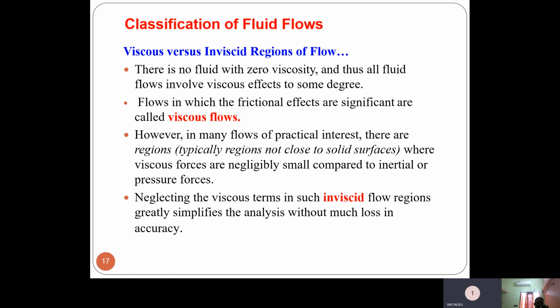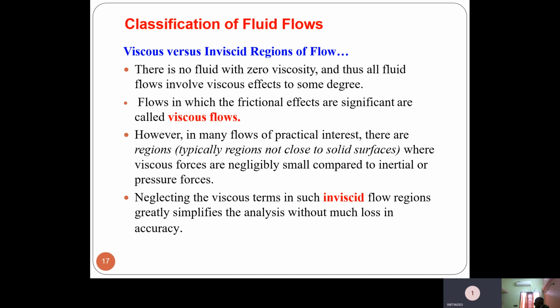Now, what is meant by ideal fluid? A fluid which is inviscid and incompressible. But all the fluids in the universe have viscosity. So there is no ideal fluid. That is why there is no fluid with zero viscosity, and thus all fluids involve viscous effects to some degree.